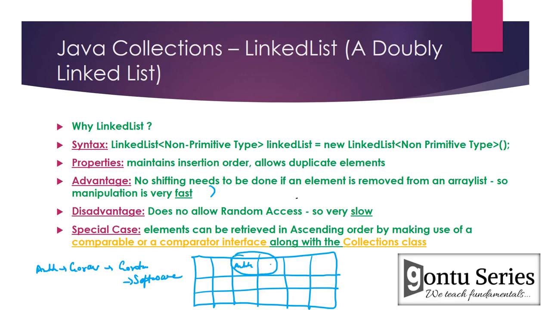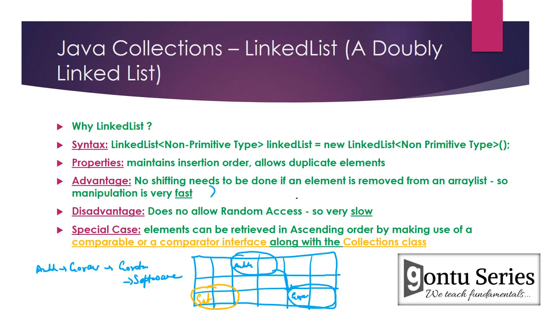But as soon as I add Gaurav there, it's going to create one more node. It's going to write Gaurav, it's going to point to null, and this is going to point to this. So it's going to contain the address of Gaurav, correct? And in the same manner, it's going to create another node for Gontu.